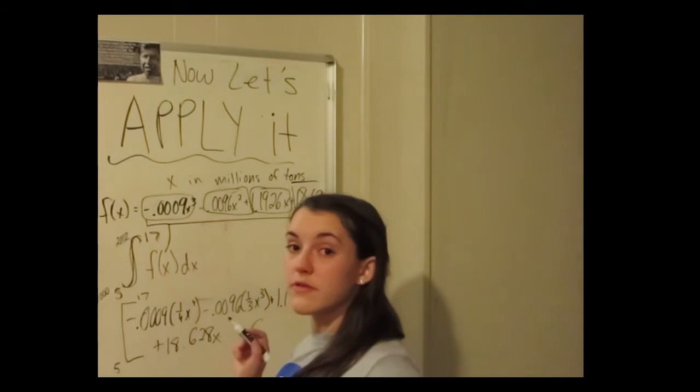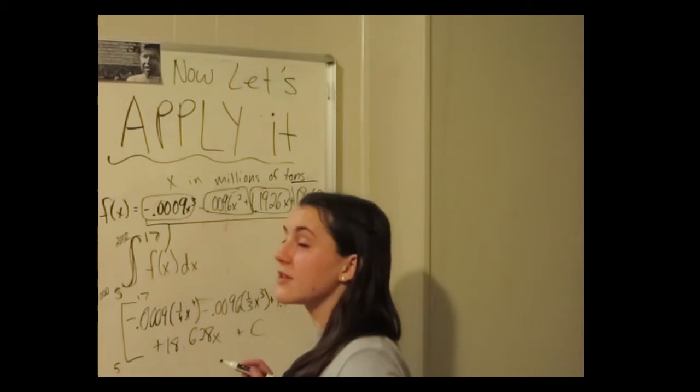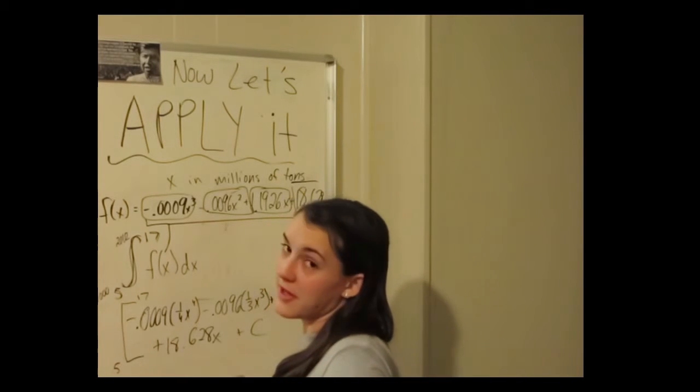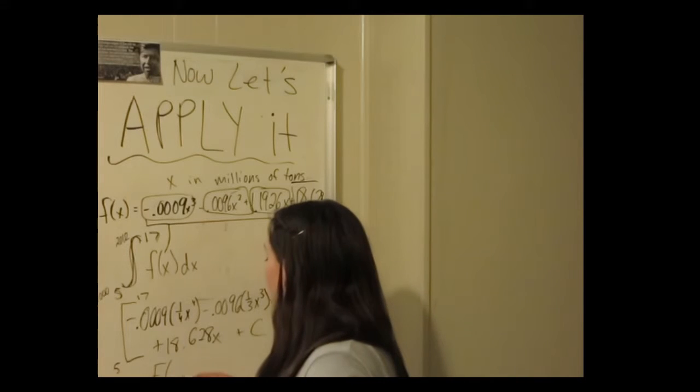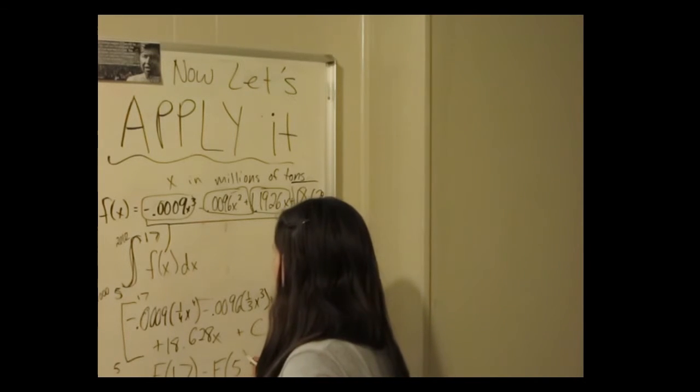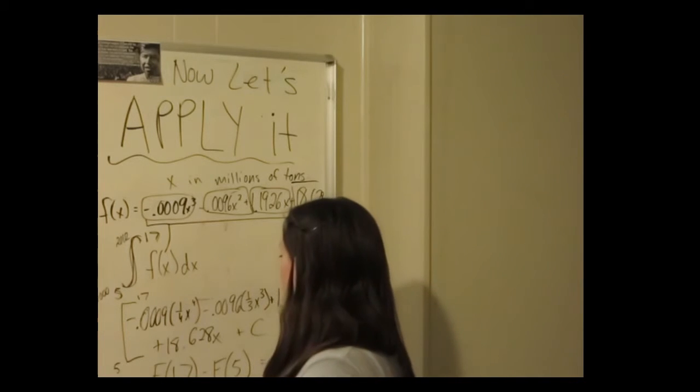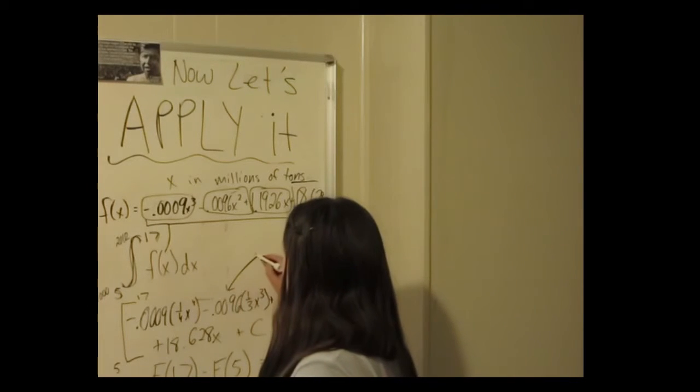So now we're going to use the fundamental theorem of calculus because it's fun, and do F of 17, which is b, and F of 5, which is a, because what we just found was the antiderivative.